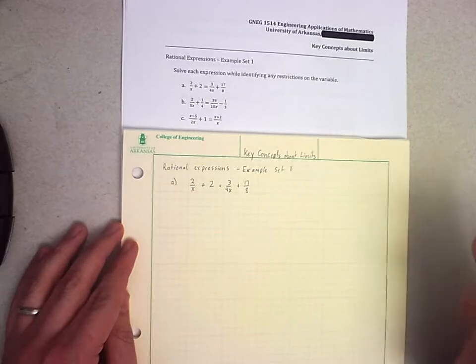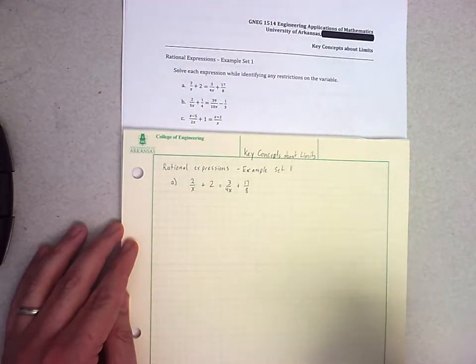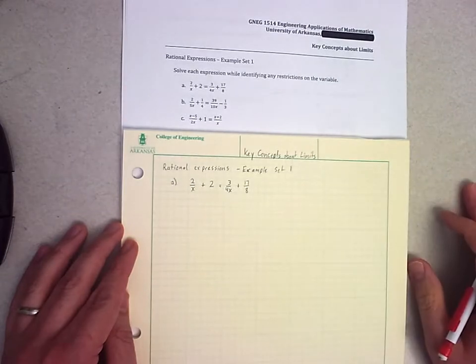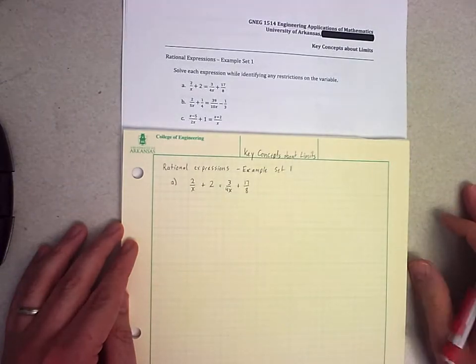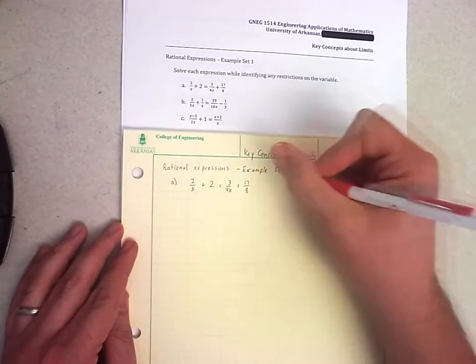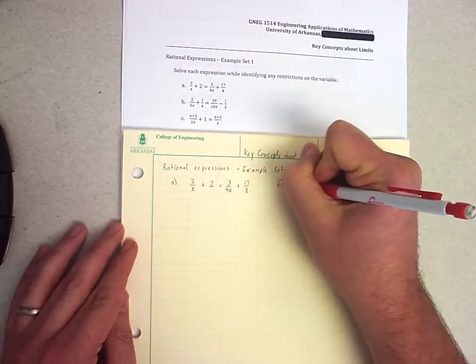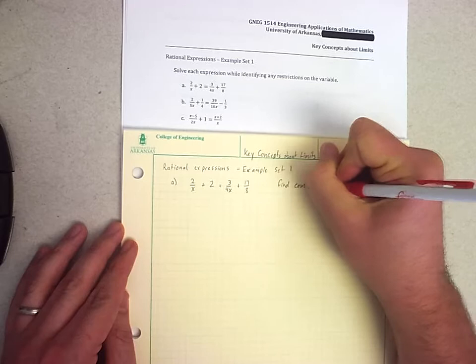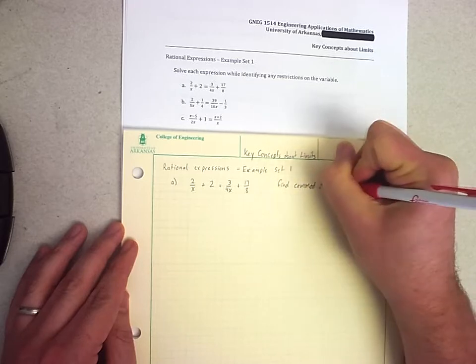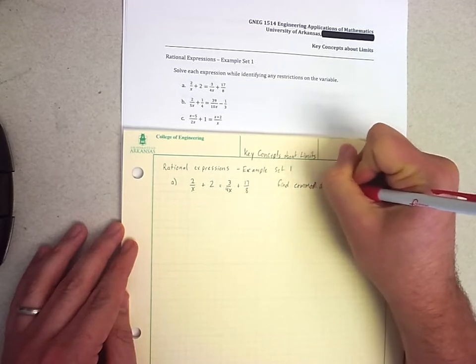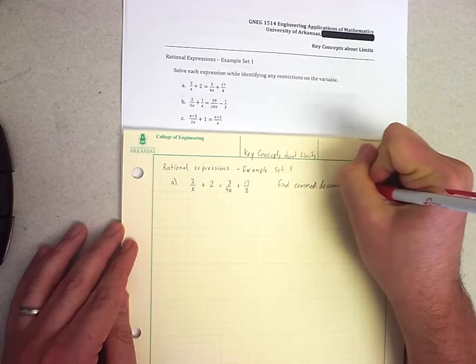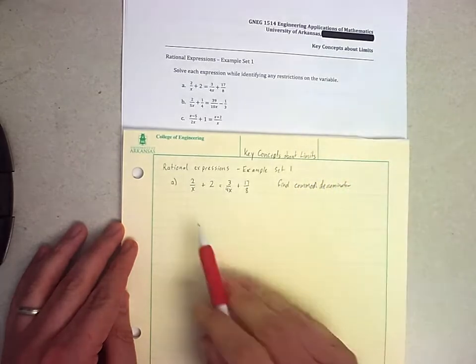With fractions, the key concept first is to get a common denominator, multiply it through, and then we should have a function that we can deal with more easily. So common denominator, so here I've got x in the denominator.